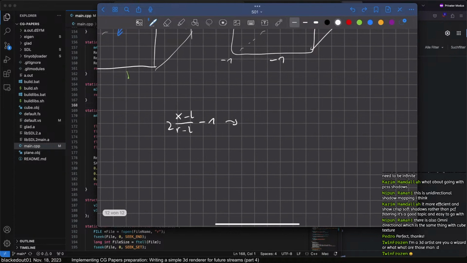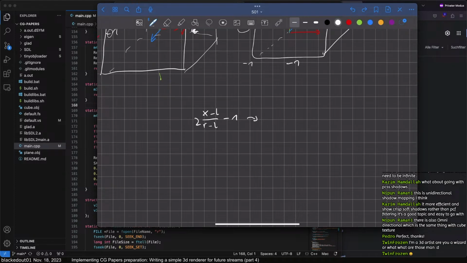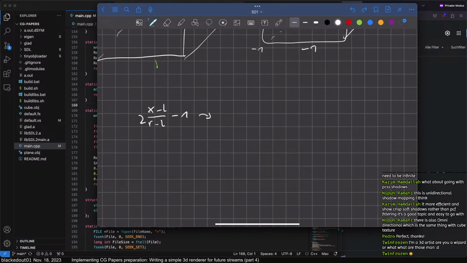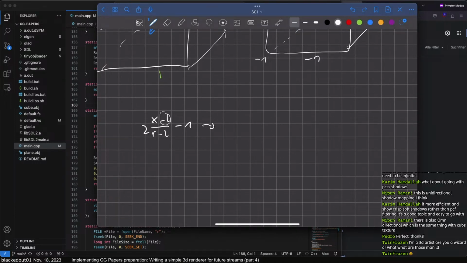Yeah, so to put this into a matrix, because that's not really a form we could put into a matrix, we have to reorder this a little bit, because we want to separate the translation part and the scaling part.